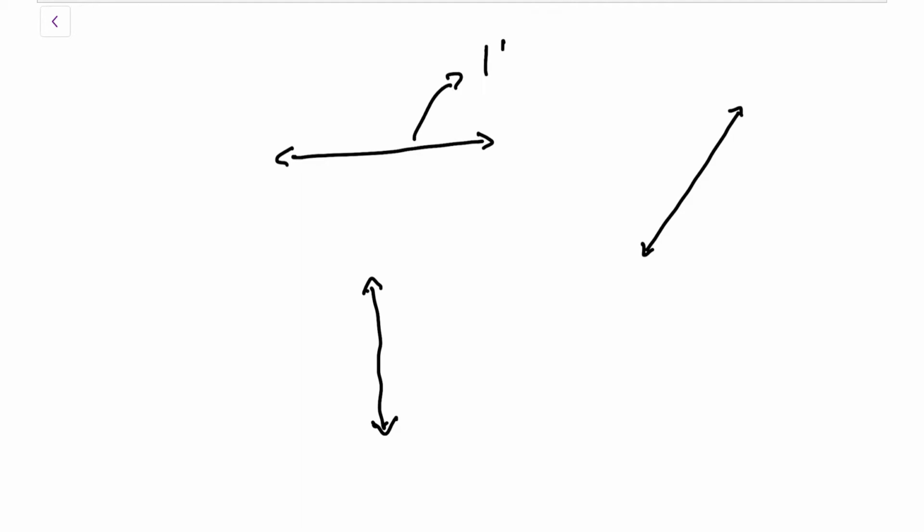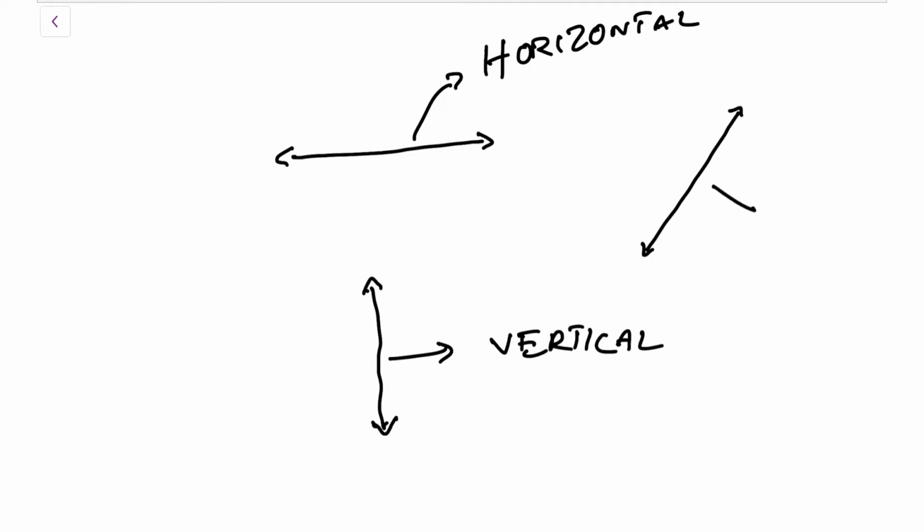So you have the horizontal line, which is a sleeping line. You have the standing line, which is called the vertical line. And then you have the line slanted to one side, that's called a slanting line.